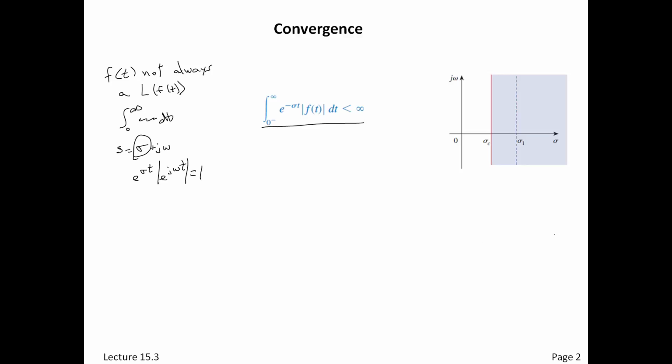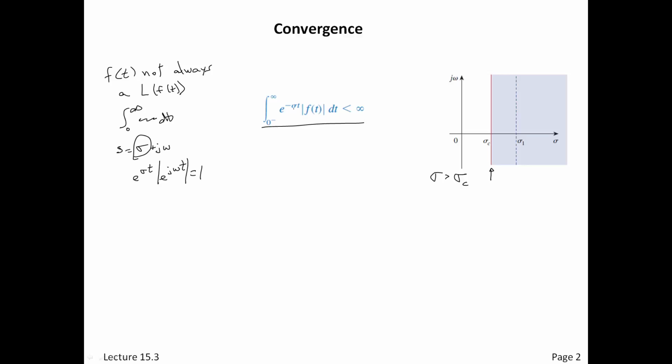And you can see it's really built around picking a point. This is a delta axis. So this just picks a point where as long as sigma is greater than some constant value, that implies that this is going to converge.